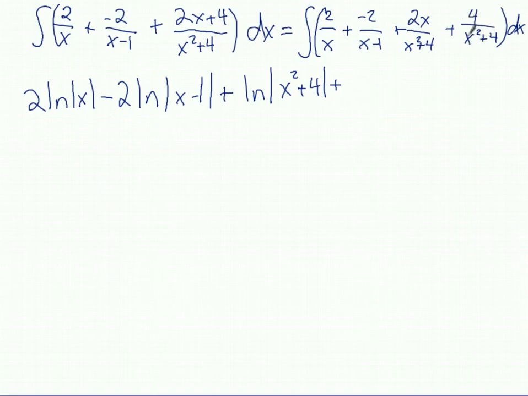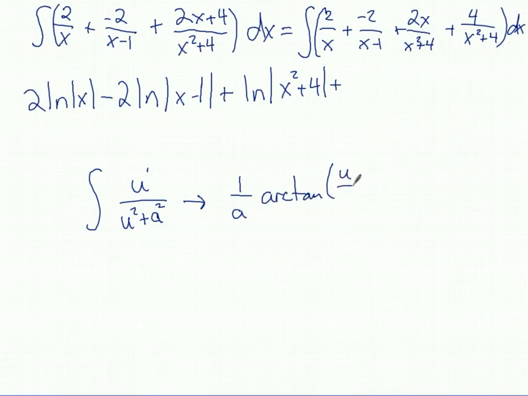So our arctangent integral, if you remember, is something like u prime over u squared plus a squared, and what we get out of that is 1 over a arctan of u over a.